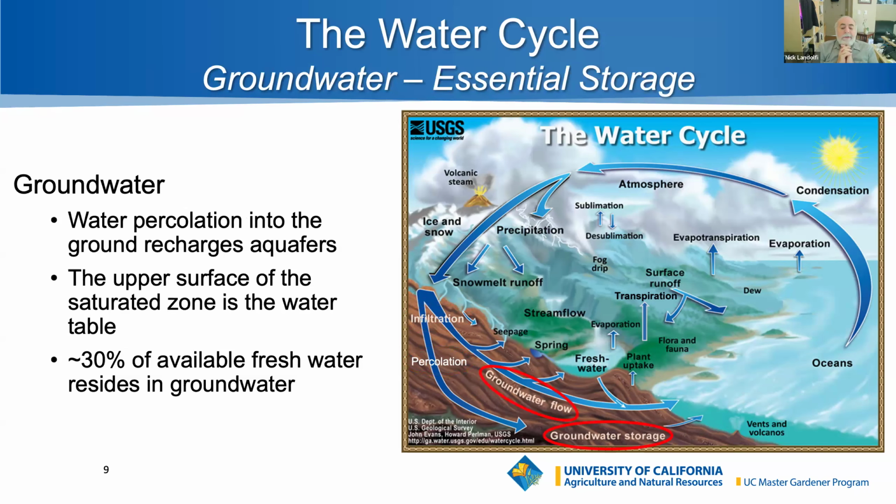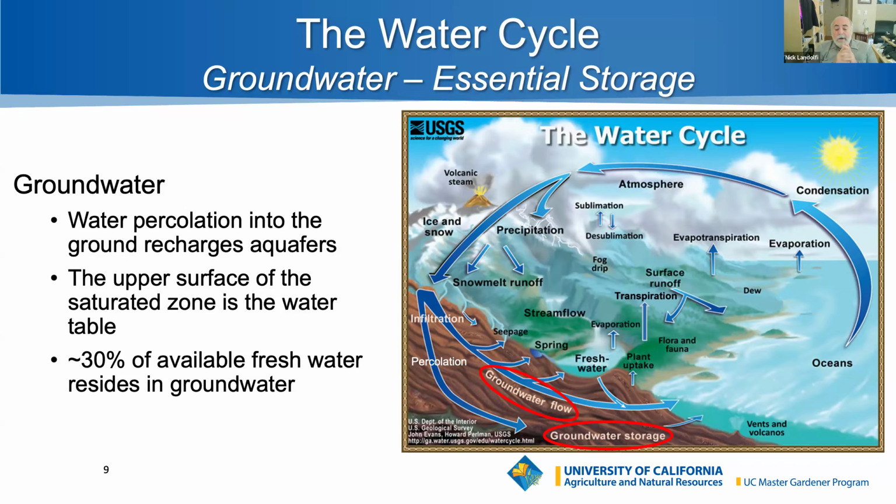Once water infiltrates and percolates through the soil, it becomes groundwater, filling the cracks, pores, and spaces in underground soil and rock layers, essentially saturating that space. These areas are referred to as aquifers. The upper surface of this saturated zone is referred to as the water table.